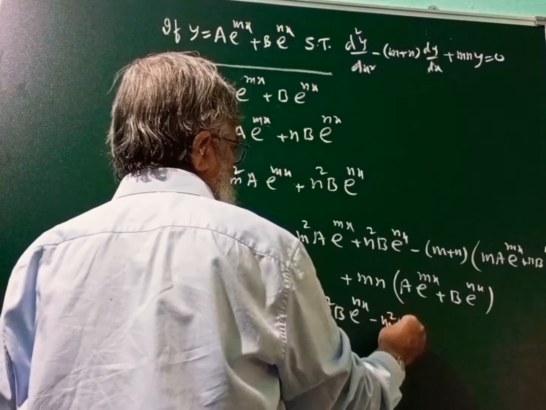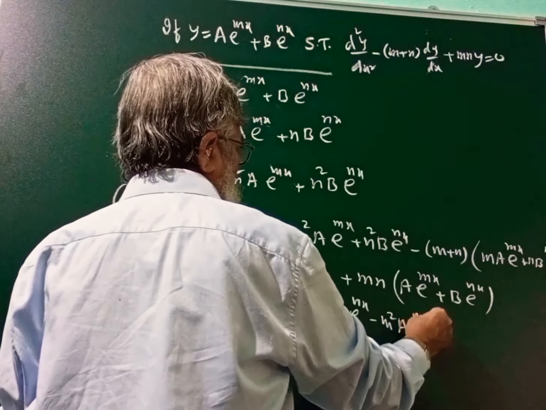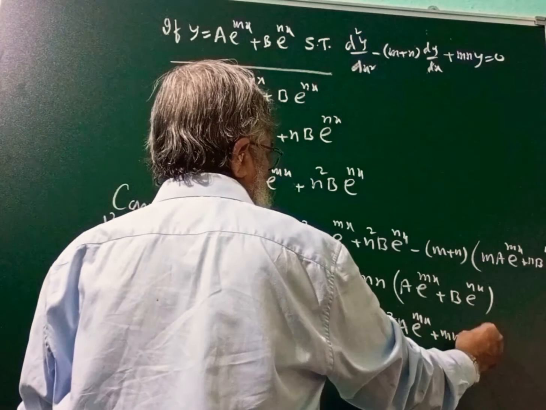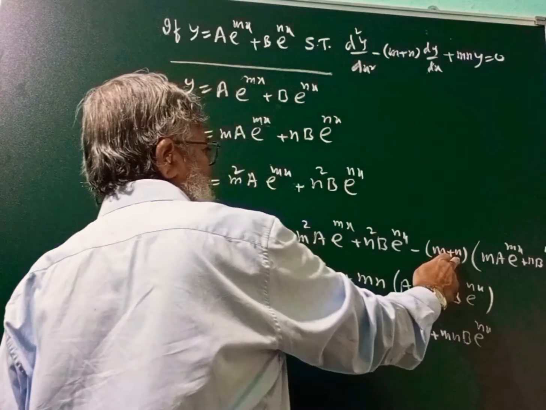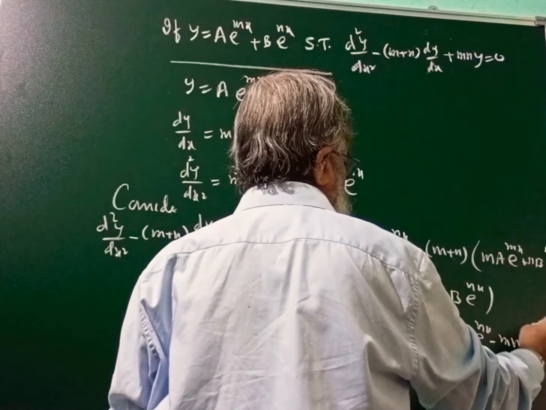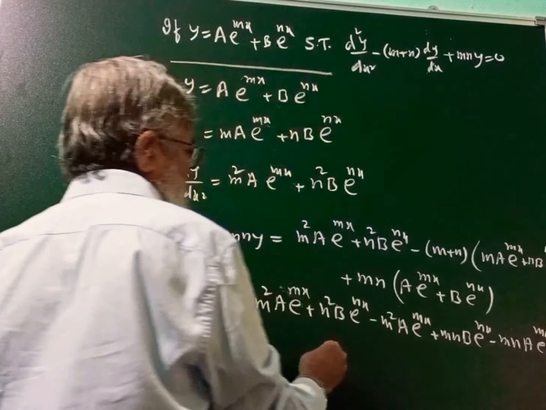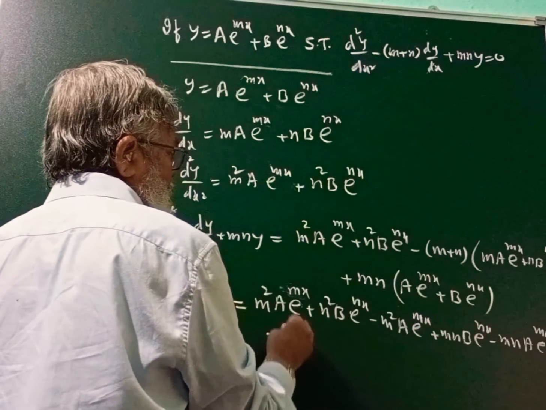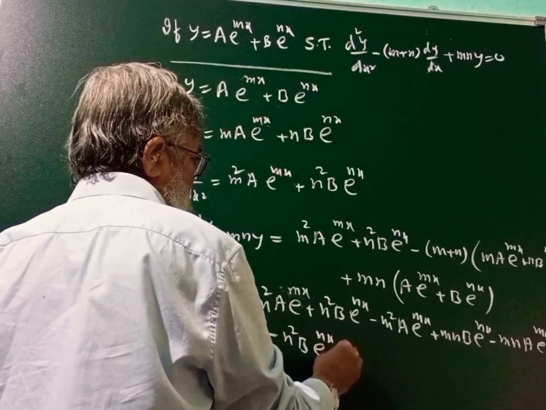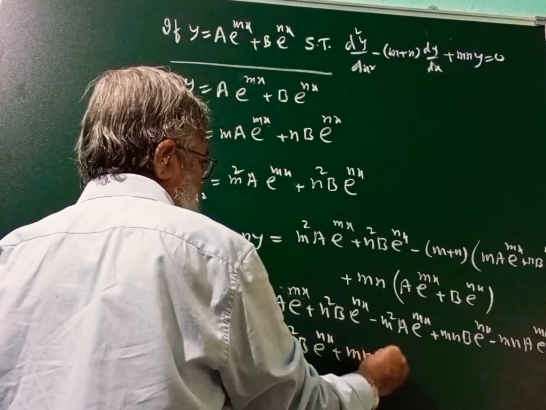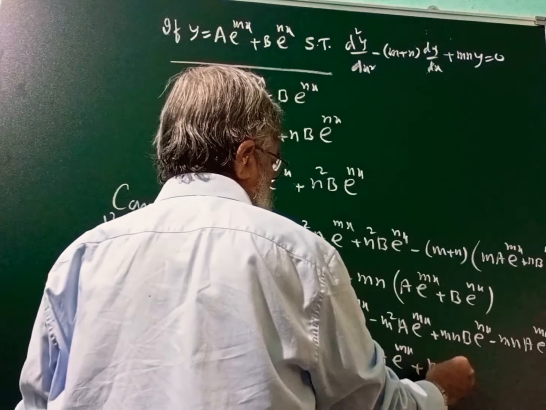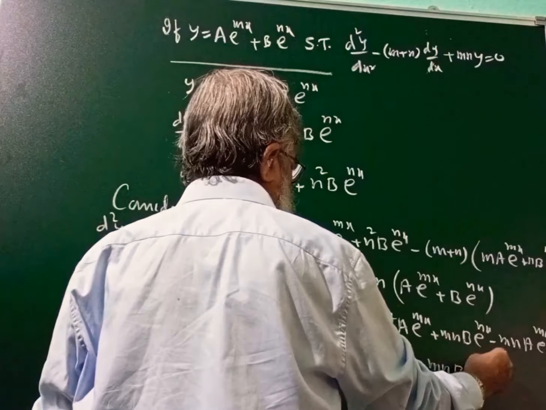M square a e raised to mx plus mn b e raised to nx, multiplying by n, then minus mn a e raised to mx minus n square b e raised to nx, plus mn a e raised to mx plus mn b e raised to nx.